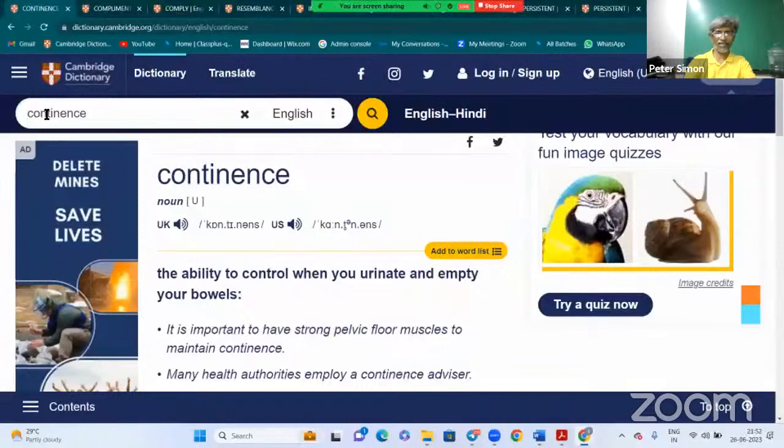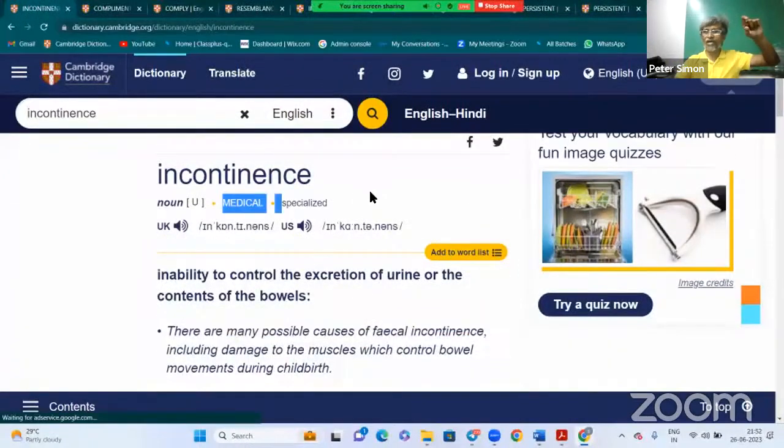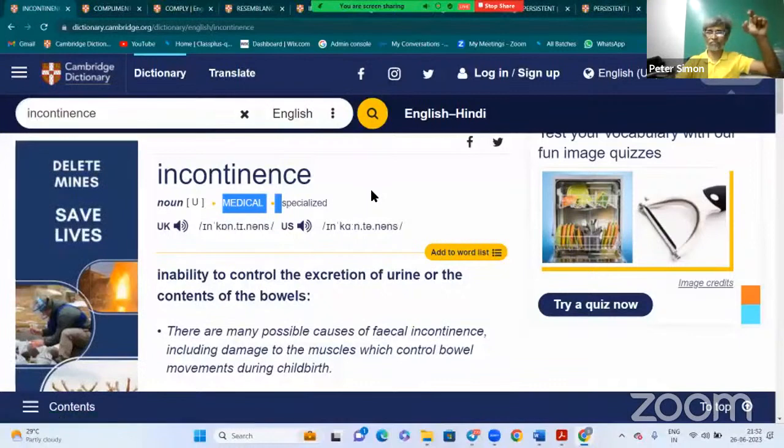Now, what is this incontinence? Incontinence is a medical word. Remember, it's a medical term. That means when you are using it in writing, use this word because you are talking to a medical professional. But when you are speaking, don't use this word because the patient will not understand what is incontinence. The word which you use depends on the audience.